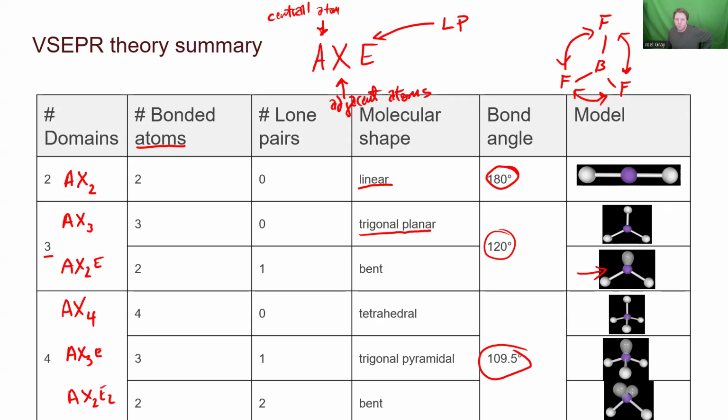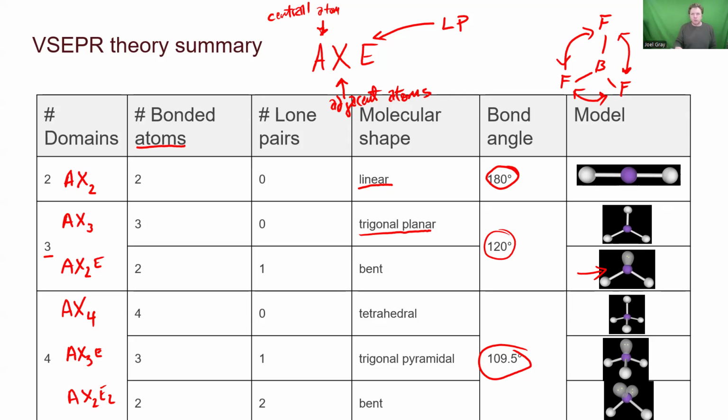And you might look at that 109.5 and be like, huh? I don't get that. Well, this is taking into account, sorry, I have to stand back, where these atoms are on the X, Y, and Z plane. So this is all in 3 dimensions.